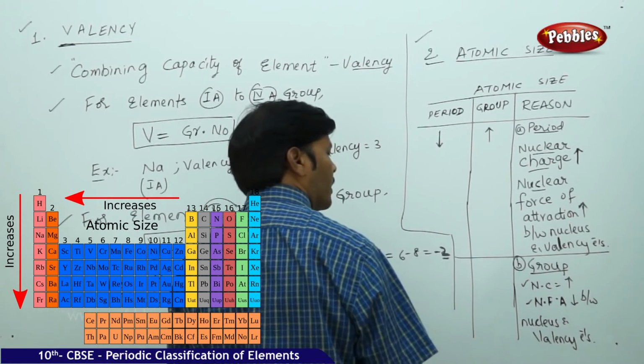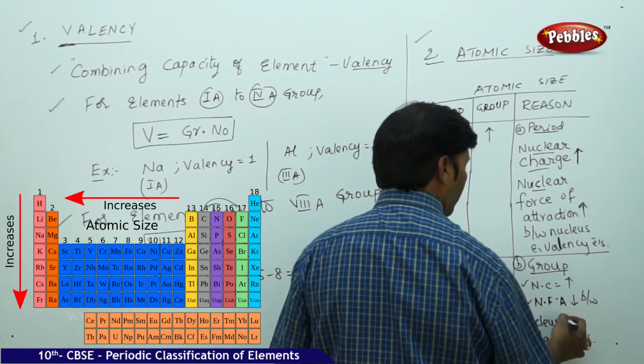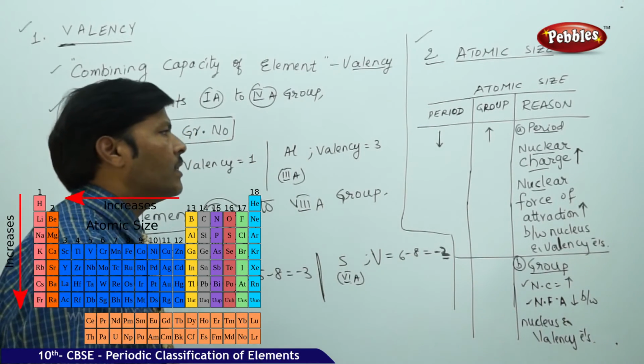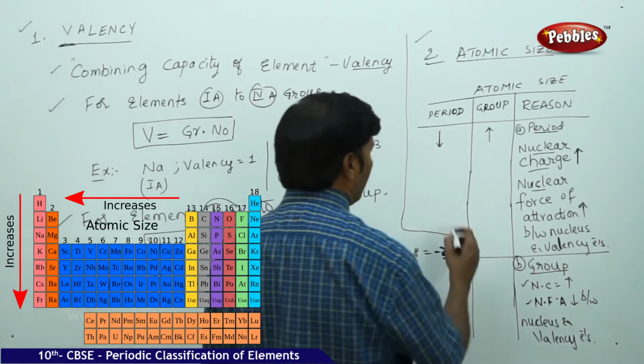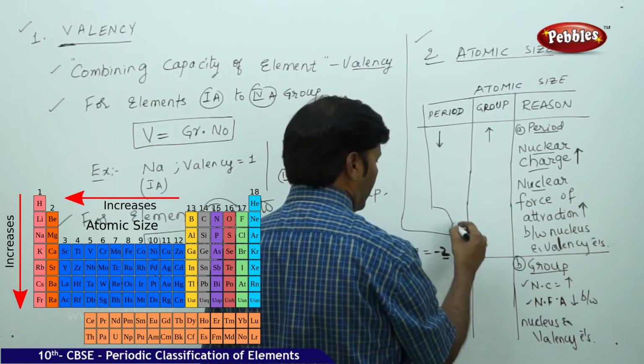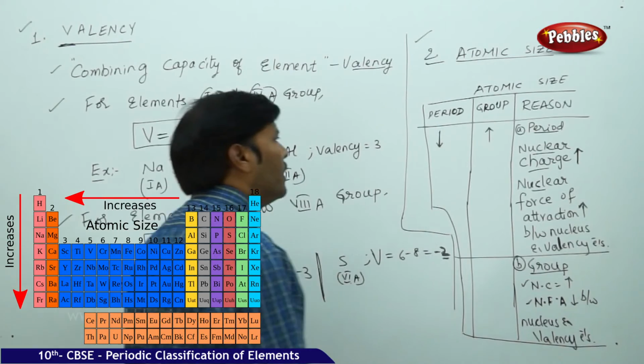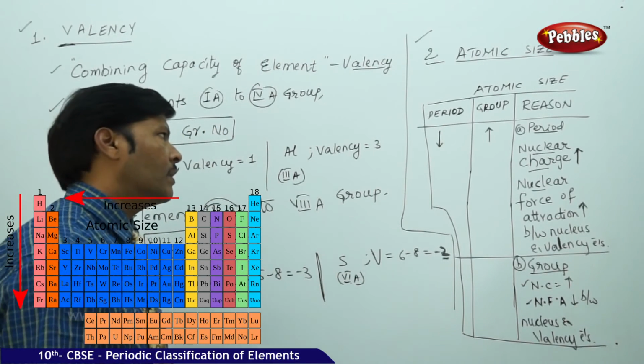Nuclear force of attraction decreases between nucleus and the valency electrons is the reason why we have to understand that the atomic radius decreases in a period and the atomic radius increases in a group.